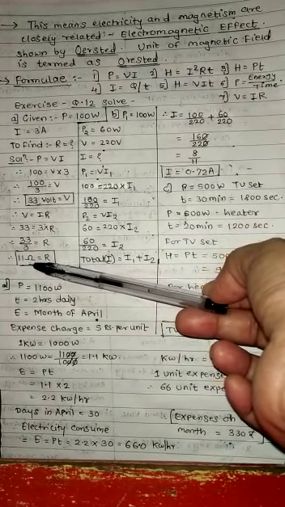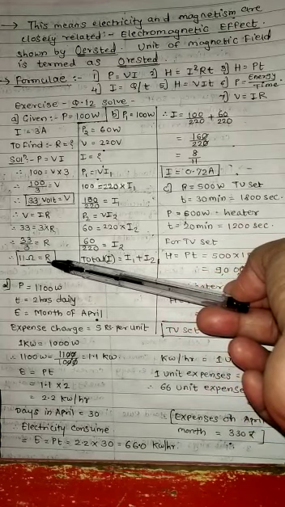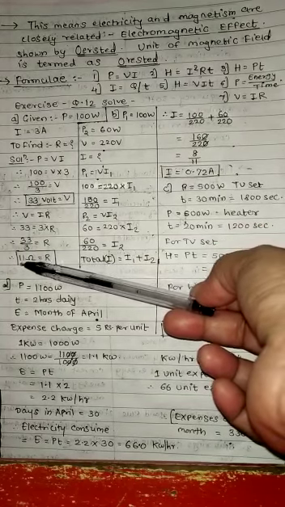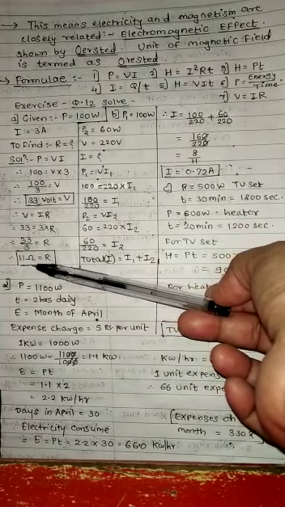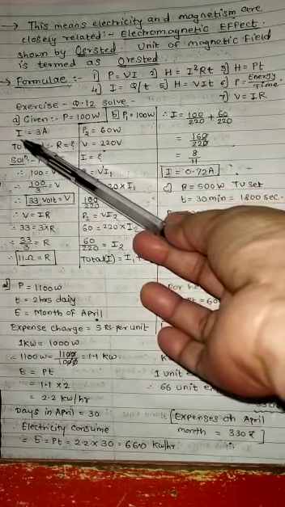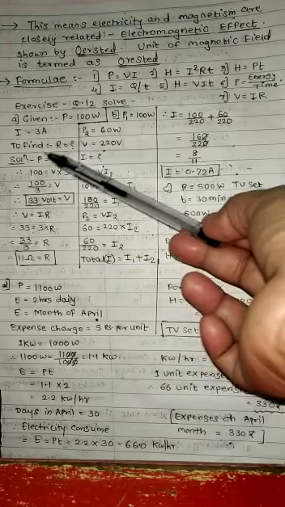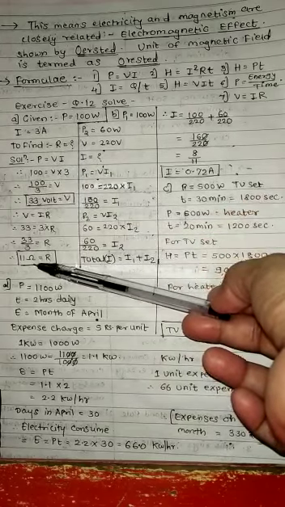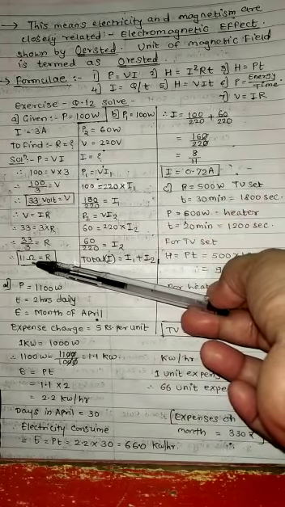This is the unit of resistance, that is ohm. So if power and current are given, then you find resistance this way, and the answer is 11 ohm.